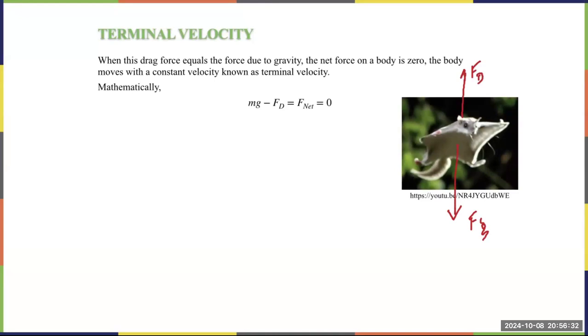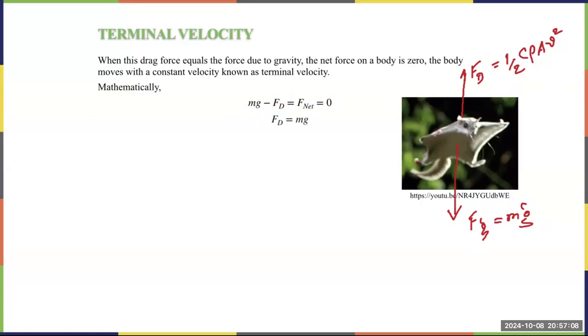The force due to gravity is nothing but mass times gravity, mg, and the drag force is one half C rho A v squared. If these two quantities are equal and opposite, then my net force F net will be 0.